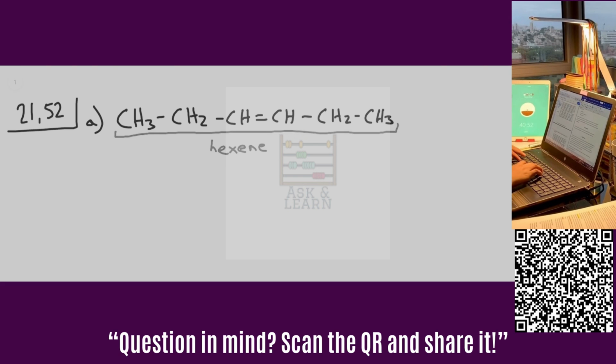And we can go ahead and number our carbons to minimize the location of the double bond. So in this case, it doesn't matter. It will be at position 3, no matter which direction we number in. So the name of this structure is 3-hexene.